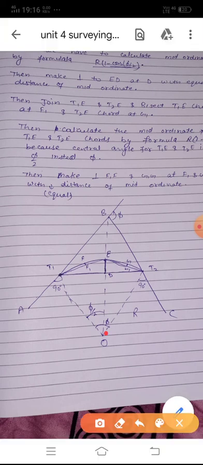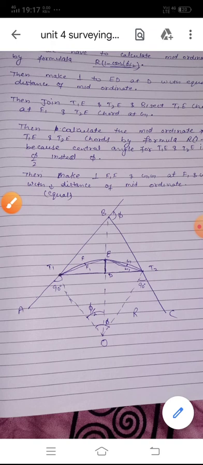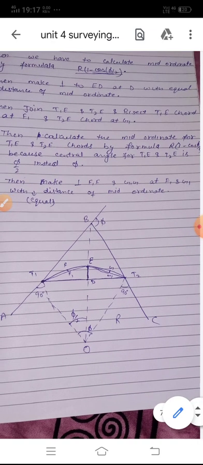Here this is our phi and we use phi by 2. Then for this arc the angle is phi by 2, then it becomes phi by 4. Okay, then we have to make perpendiculars F1F and G1G at F1 and G1 with distance equal to our mid ordinate.